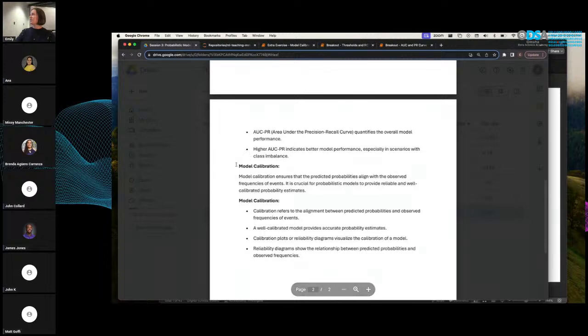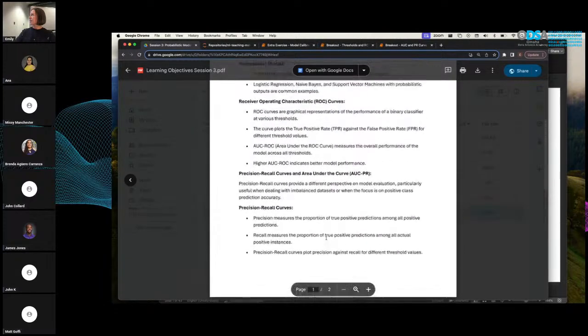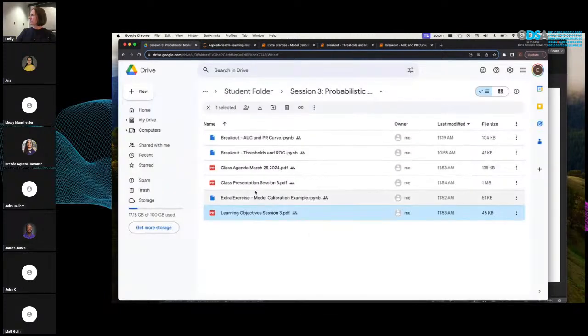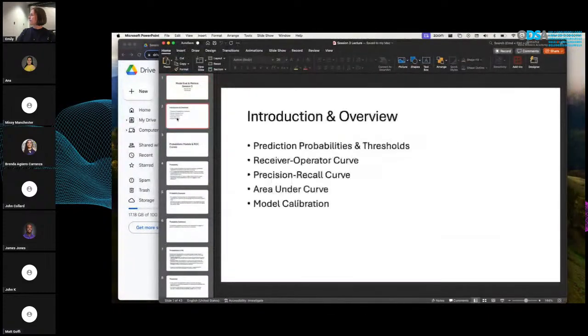It's just a topic that fit well here. But as far as performance metrics, knowing these is more important foundationally. So I put model calibration as an extra exercise today. You can do that if you're interested and look at that notebook, but we're going to focus on AUC and PR. So let's dive in.